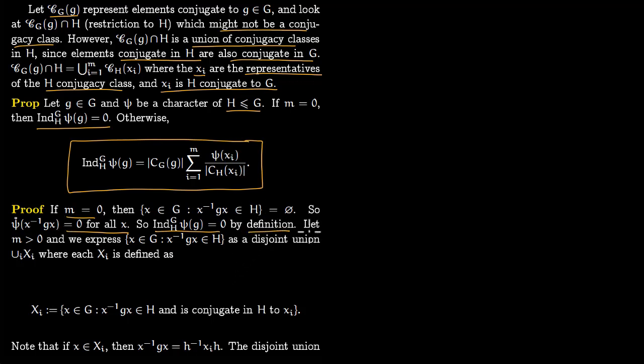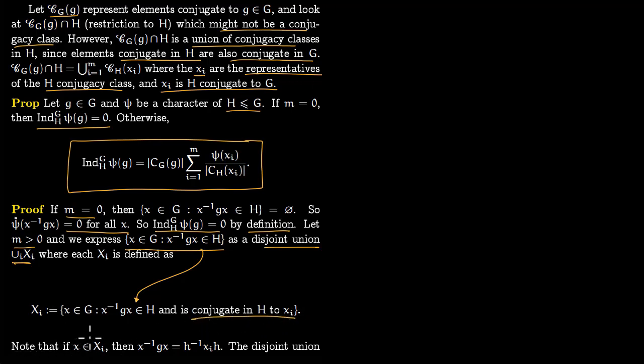Now focus on m greater than 0, and you express this as a disjoint union so that you can sum over it. You define each X_i as all the elements x in the group such that x inverse g x is in H, but now you're summing over conjugacy classes, so it is H-conjugate to x_i.